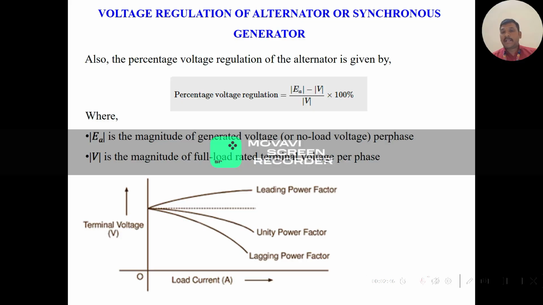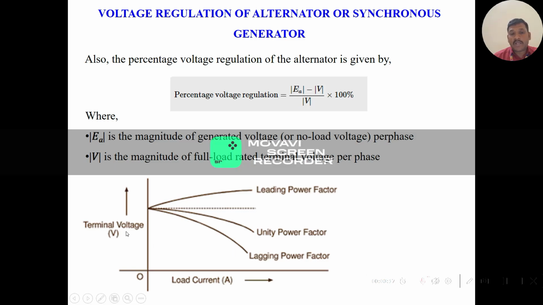When you connect a resistive load across the output terminals, it causes unity power factor, and that creates a cross magnetizing effect in the machine. You can see that there are two axes: the x-axis and the y-axis. On the x-axis we take the armature current or load current, and on the y-axis we take the terminal voltage.